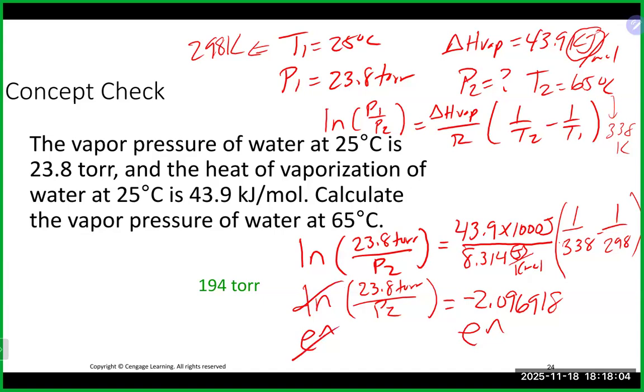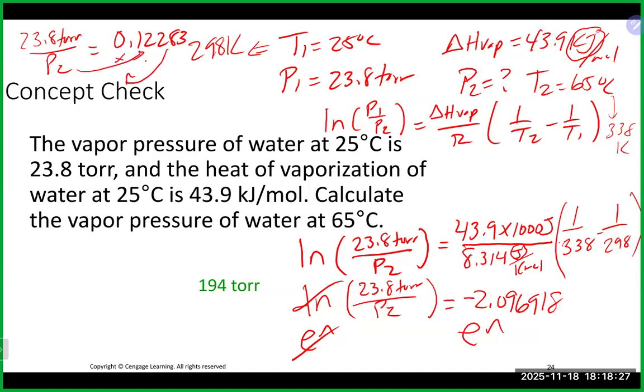To get rid of the natural log, you're going to do an e to the power on both sides there. That's going to get rid of the natural log. And we'll do an e to the x on our calculator if I can find it. There it is. And that's going to get me, maybe I'll go up here, 23.8 torr over P2 equals 0.12283. I'm going to multiply this to the other side.